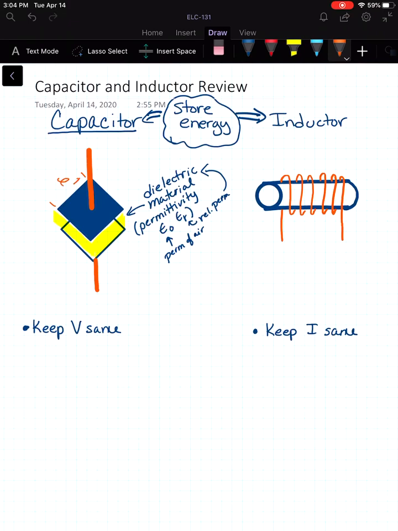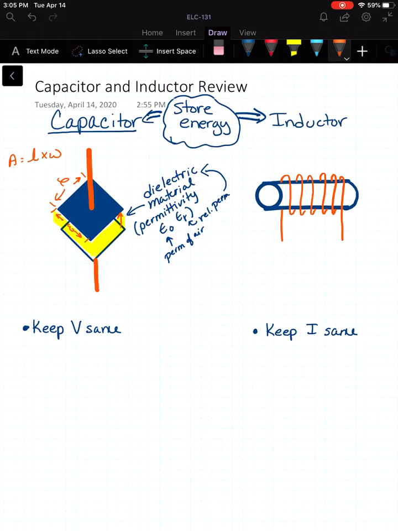Whatever the length times the width of the plate is, that's where we get our area from. And you can store more charge the larger the plate area.